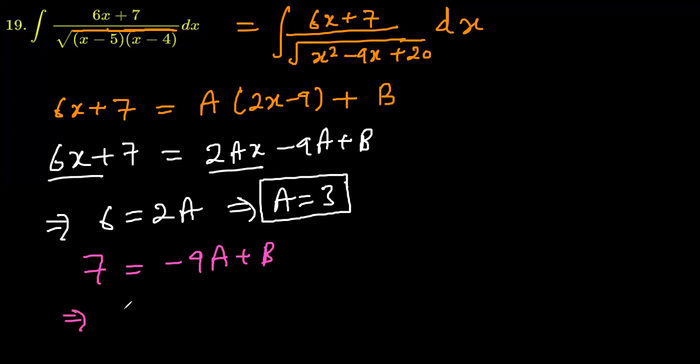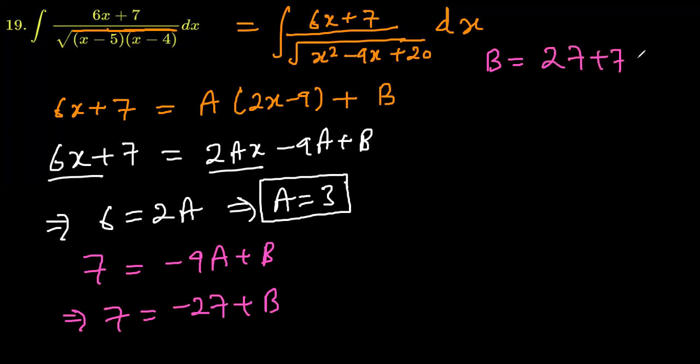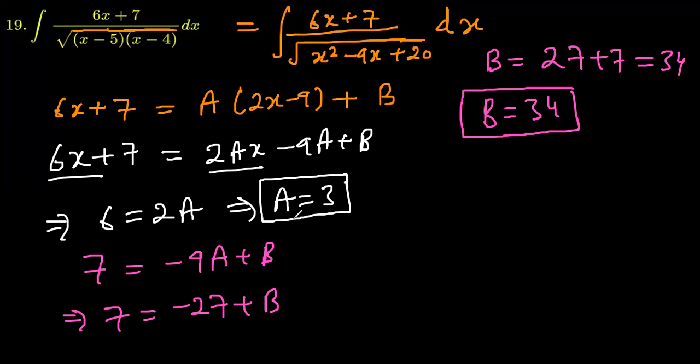Replacing the value of a, 7 would be equal to minus 27 plus b, and taking this 27 to the other side, we get b is equal to 27 plus 7. Yes, and 27 plus 7 is 34. So we got the value of b, which is 34, and we already have the value of a.